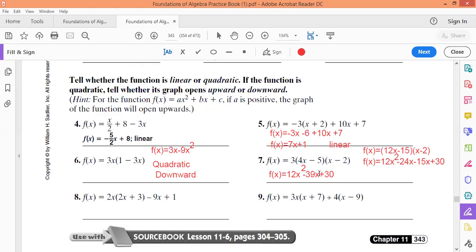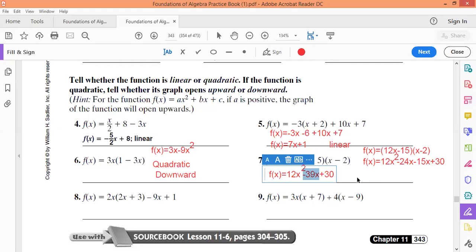Now, Yahya. Where will we write it? Listen, here we have added them up, negative 24x and negative 15x. Here we have added them up, it's negative 39x. Yes, because both are negative, so we will add them.